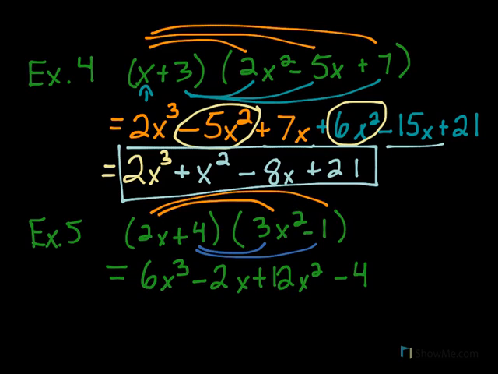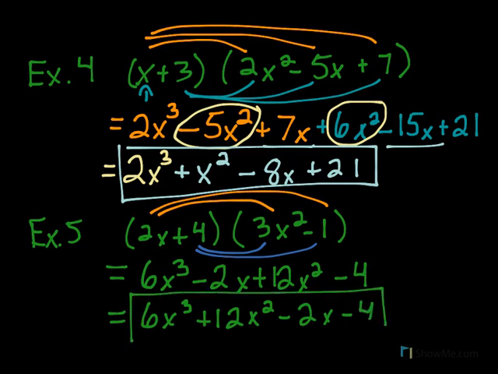We need to rewrite this in standard form, which is in descending exponents. So the 12x squared goes first, and then minus 2x minus 4, and that is my answer for that problem.